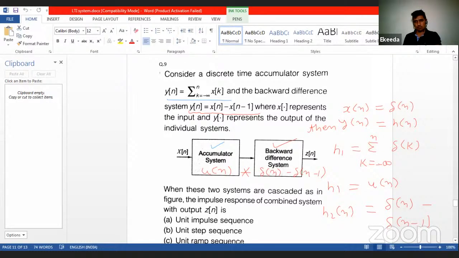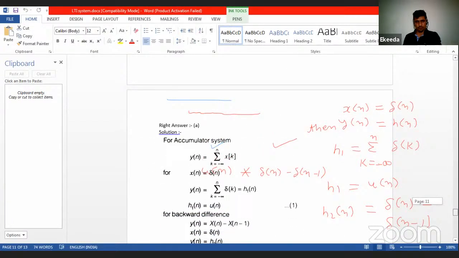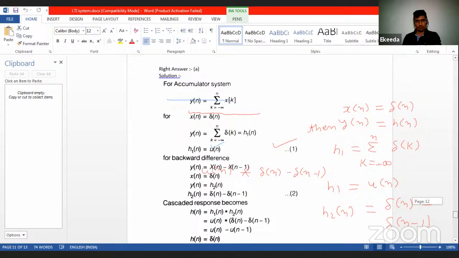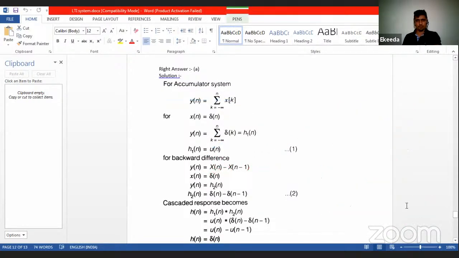So let's do that. You can see it here. The first, this is u(n) and this is del(n), and their convolution. Convolution of impulse with any other signal is the same as that signal.